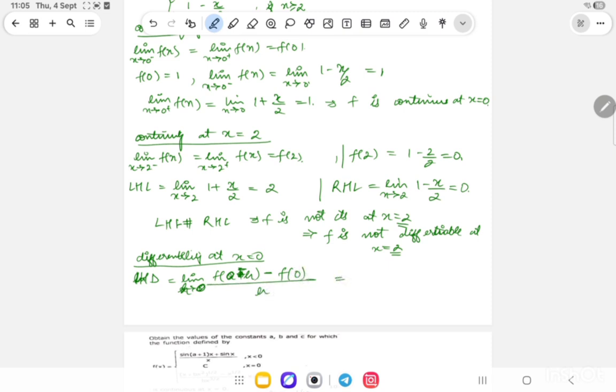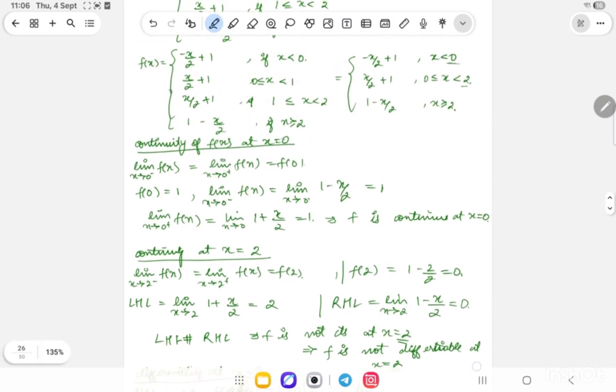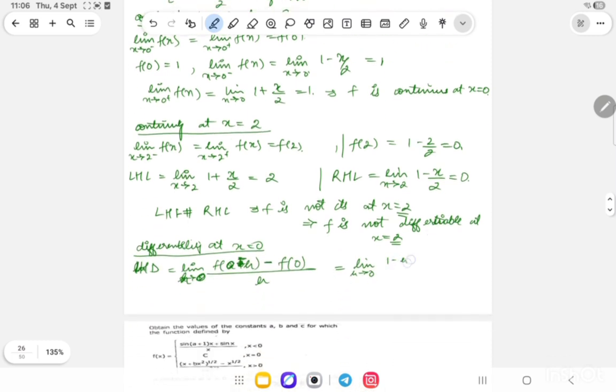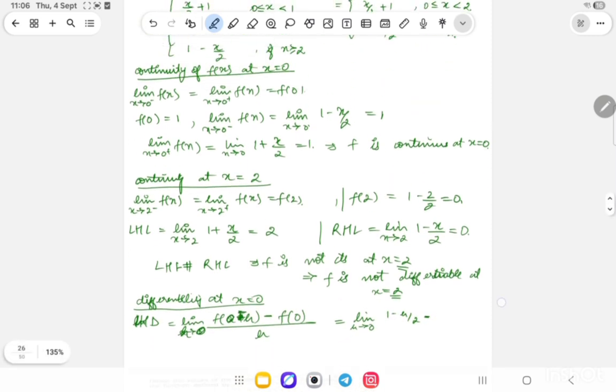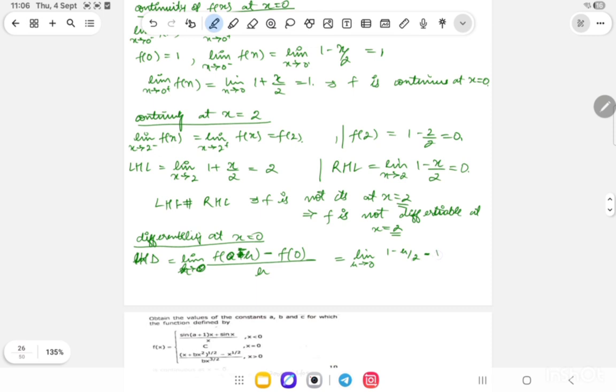So this is basically equal to the limit as h approaches 0 of f of minus h, which would be 1 minus h by 2 minus f of 0, divided by h, so it gives me minus 1 by 2.